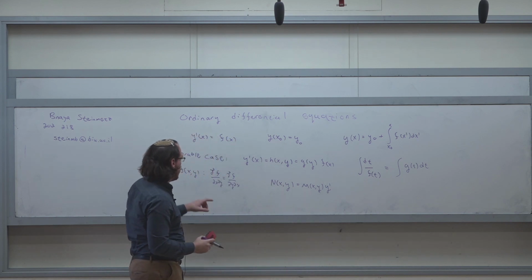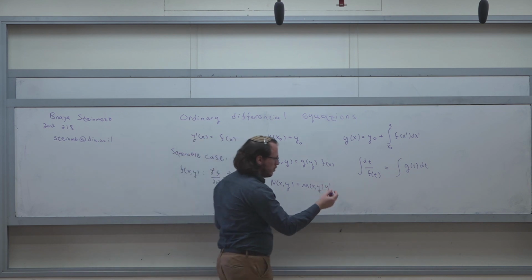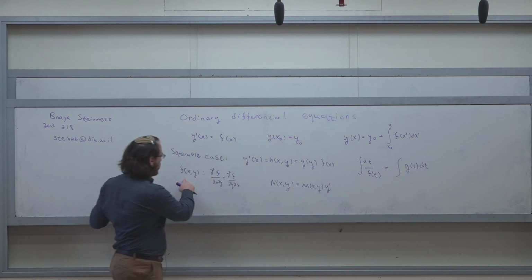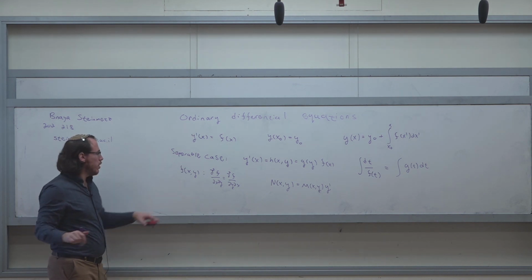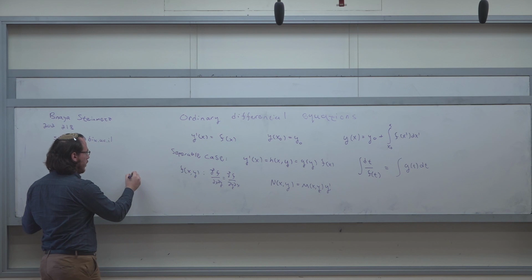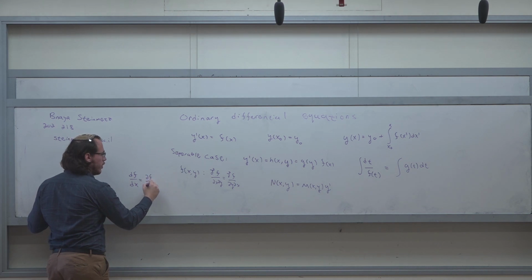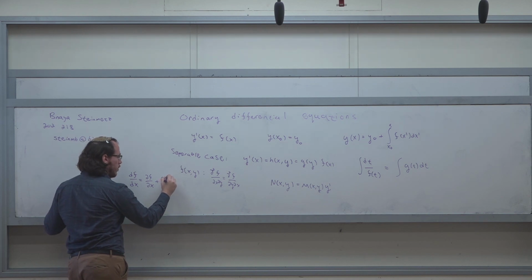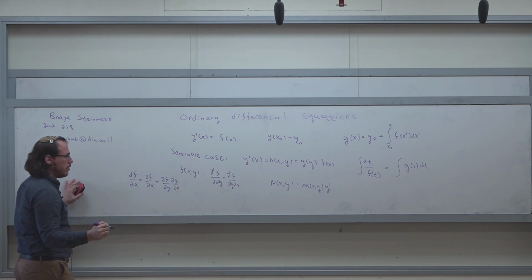Okay, so if I assume that there was an exact solution, then the derivative of f with respect to x is dou f dou x plus dou f dou y times dou y dou x, right?